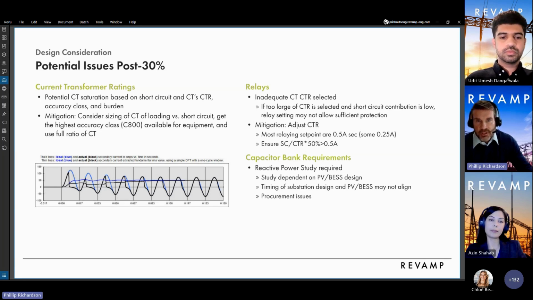Due to the short circuit contribution and how much current flows through the CT for a particular fault, CTR, accuracy class, and burden, a CT may saturate during the fault. Basically, the actual primary current of the fault is not measured correctly by the relay on the secondary side.